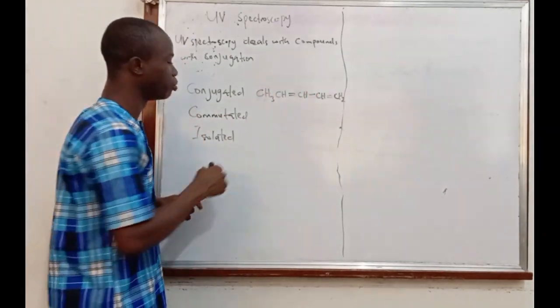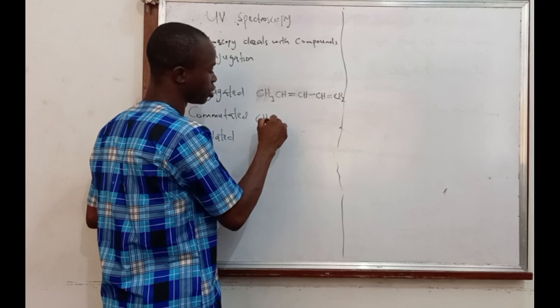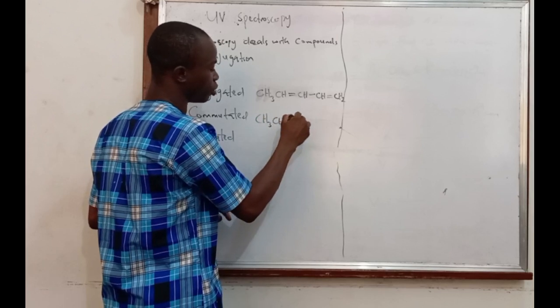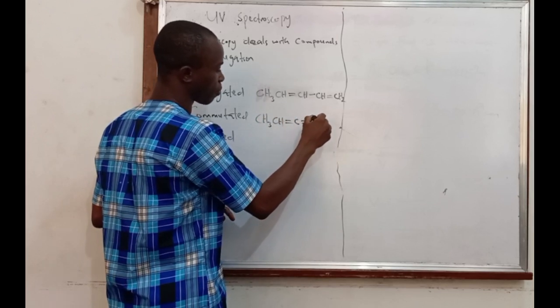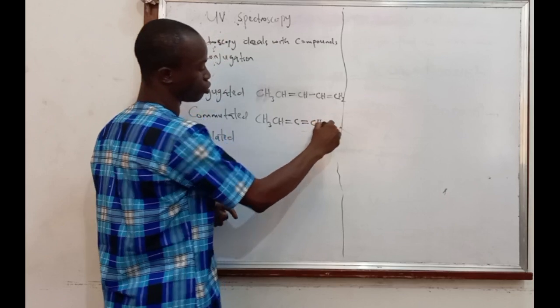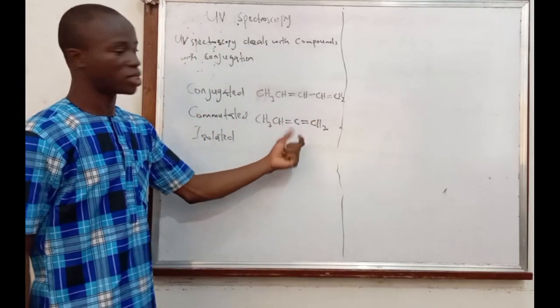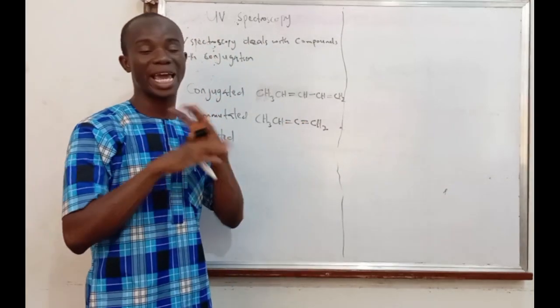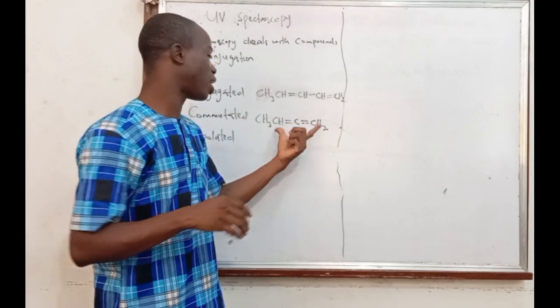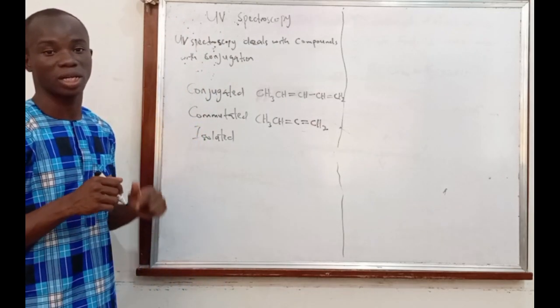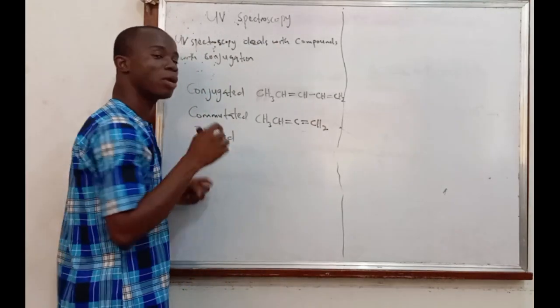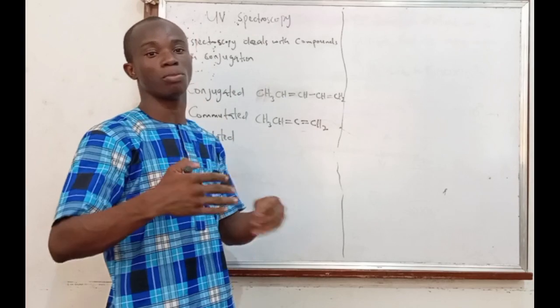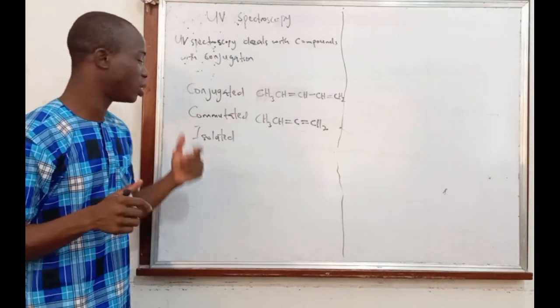For a cumulated system, we have something like this: CH3, CH double bond C double bond CH2. Now, in a compound such as this, you can see that these two double bonds are not separated by any single bond, and that makes them a cumulated system. For isolated, when you have two or more single bonds separating two double bonds, then you have an isolated system.